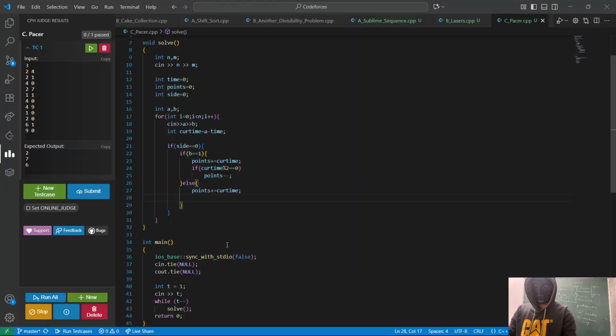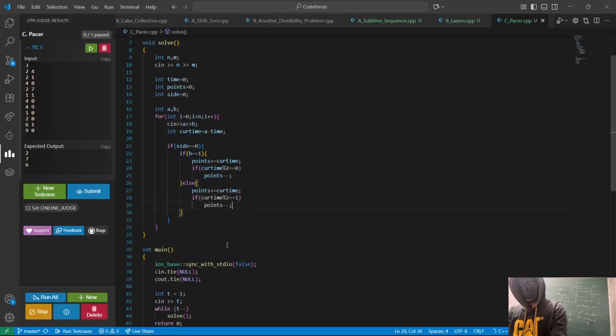And since you are at the same side only, like you are at side 0 and you want to reach side 0 only, if the current time frame is, let's say, an odd number, in that case you'll have to decrease 1. If it is even, you can move to the other side and come back, so that is an even number of iterations. So you'll have to check if current time modulo 2, then decrease by 1.